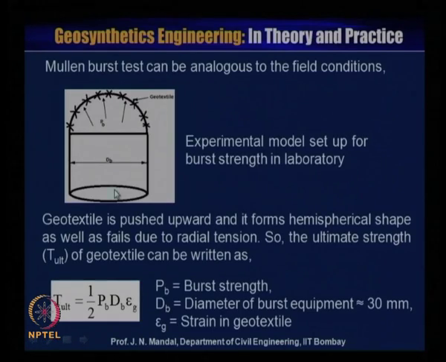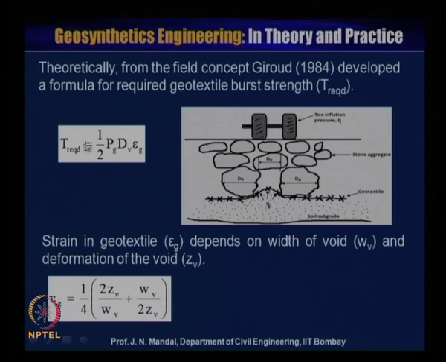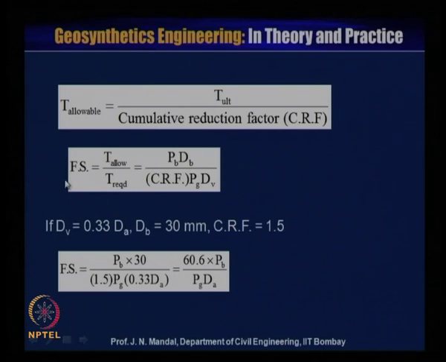So, we can write the factor of safety, T allowable by T required, as Pb into dV by cumulative reduction factor into Pg into dV.